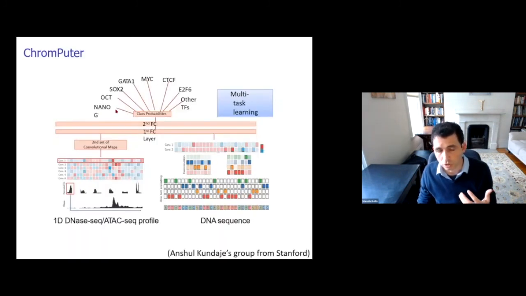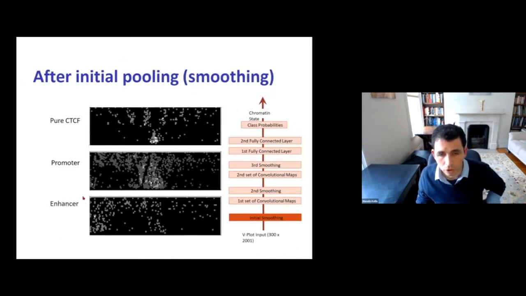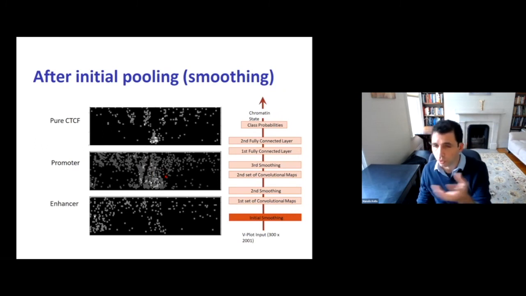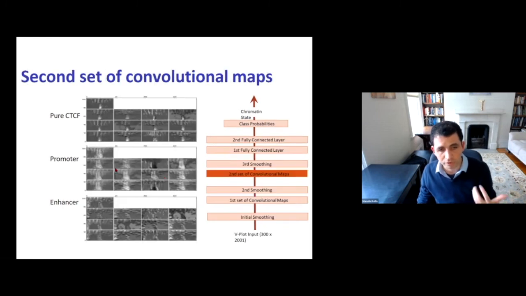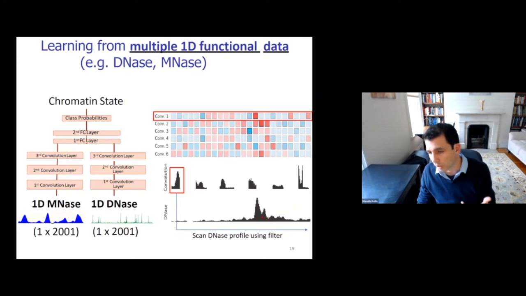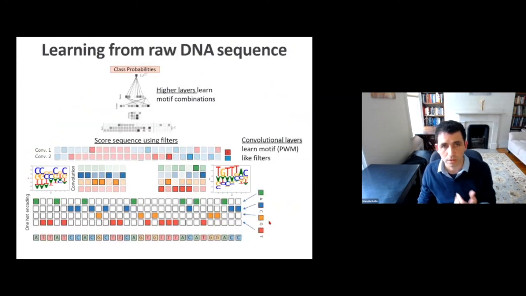You can then start doing this multitask learning that I alluded to earlier. And you can start asking, how much is every neuron in my deep neural network firing for different classes of elements, and what are the shapes of those firings, and how well am I predicting those, and so on and so forth.